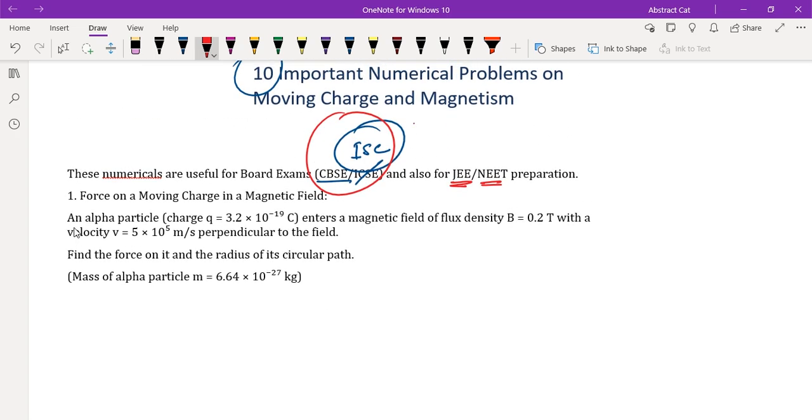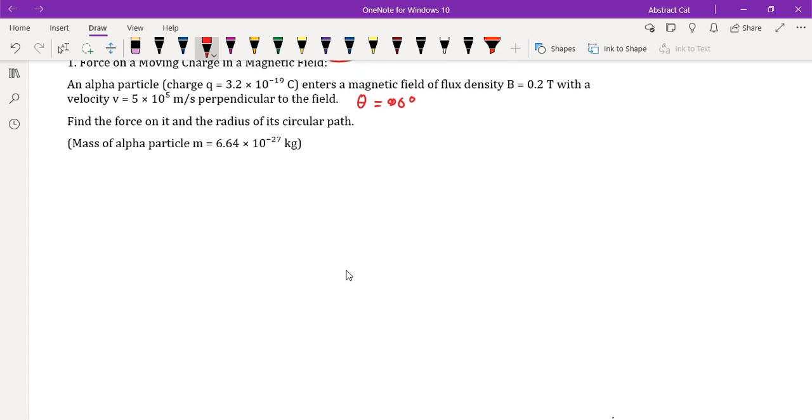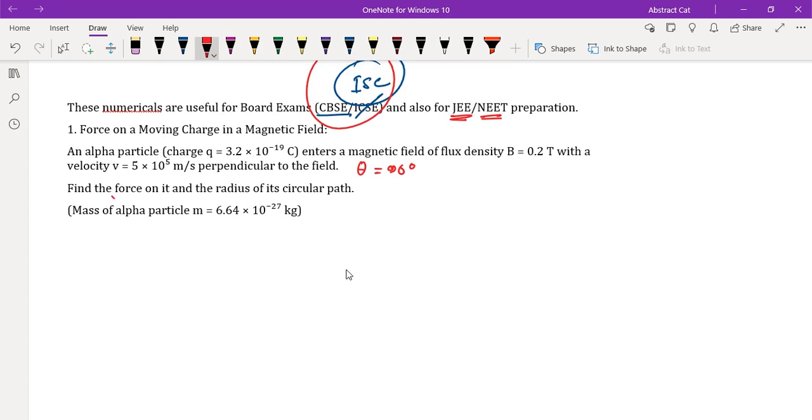The question: an alpha particle of charge Q, 3.2 into 10 to the power minus 19 coulomb, enters a magnetic field of flux density B, 0.2 Tesla, with a velocity V, 5 into 10 to the power 5 meter per second, perpendicular to the field. Perpendicular means theta equals 90 degrees. Find the force on it and the radius of the circular path.